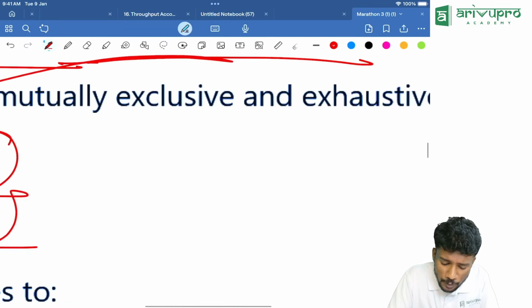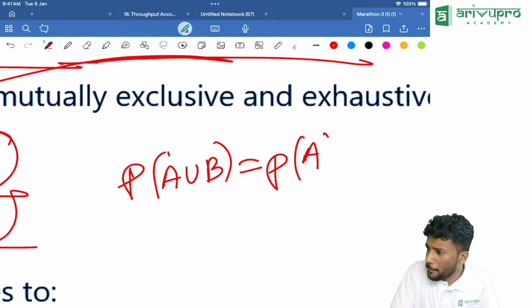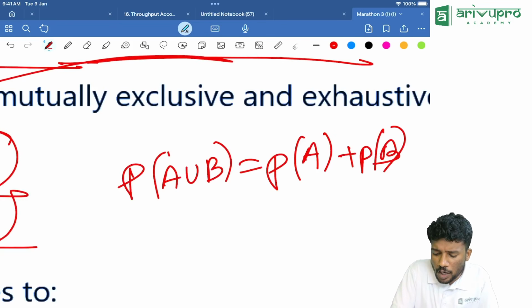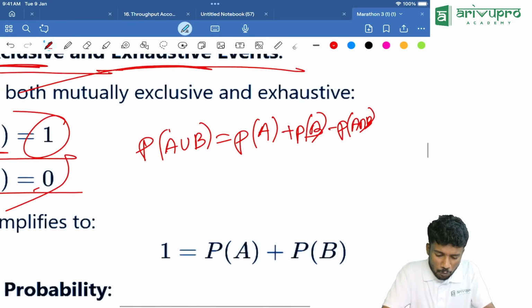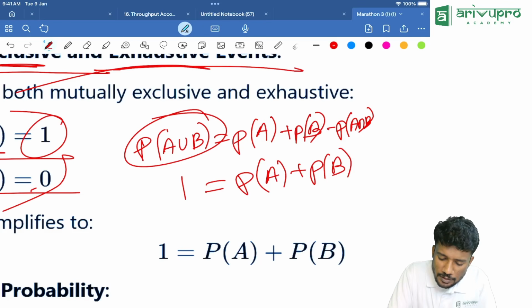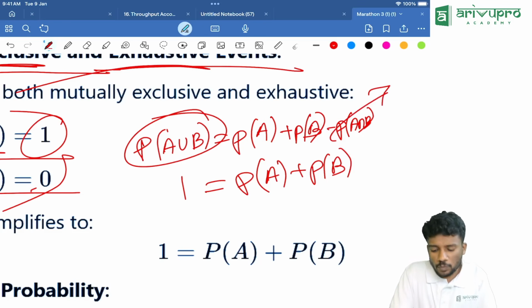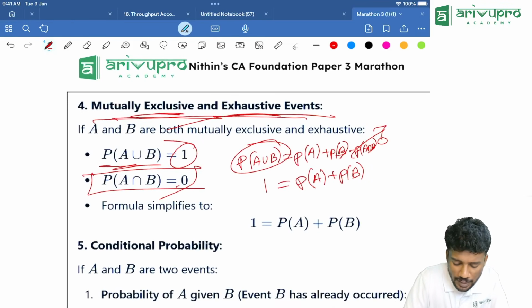So what happens to our equation P of A union B is equal to P of A plus P of B minus P of A intersection B? The union will be 1, which is equal to P of A plus P of B, and the intersection becomes 0. So that is the final equation for exclusive and exhaustive events.